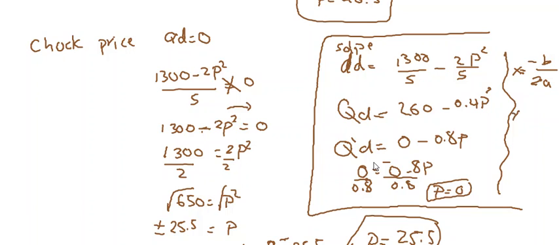So x will be equal to 0 over 2 multiplied by 0.2 multiplied by 0 minus 0.4, which is equal to 0. So in both ways we get the answer, the price is equal to 0. Sorry, here it is not x, this one should be price.